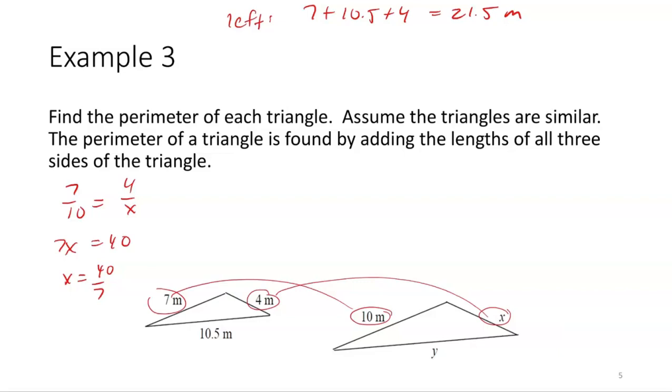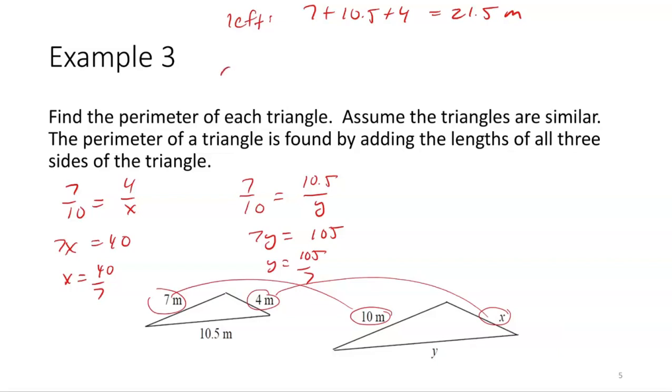Likewise, we have 7 over 10 equal to the 10.5 over y. So that gives us 7y is equal to 105. If you divide by 7, y would be 105 over 7.